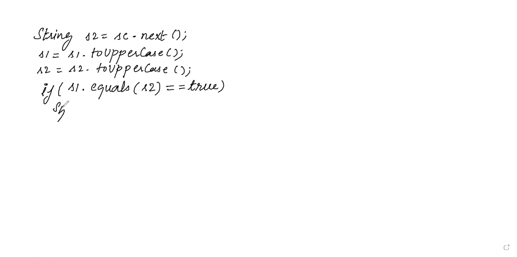So simply you can print a message, System dot out dot println, both strings are equal.